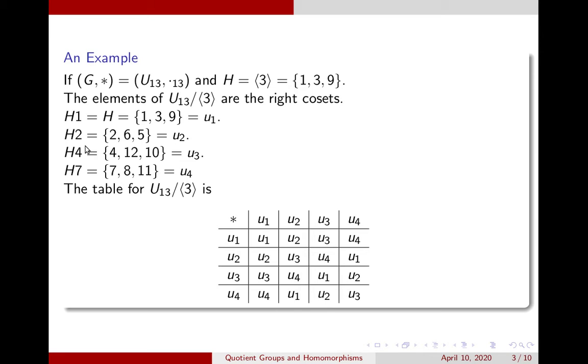That is the right coset determined by 8. And the right coset determined by 8, since 8 lies in U4, is U4. So if you look at the table, we see that this entry, in the row headed U2 and the column headed U3, is U4.